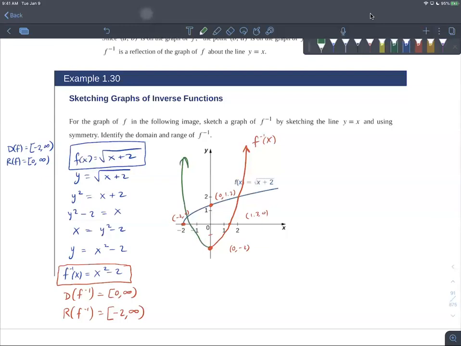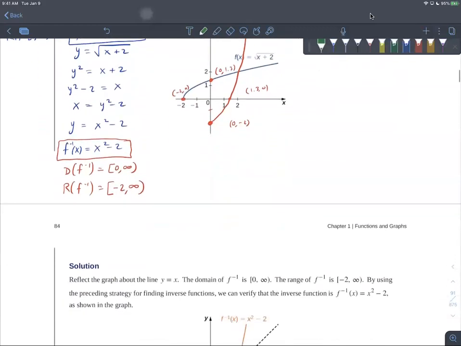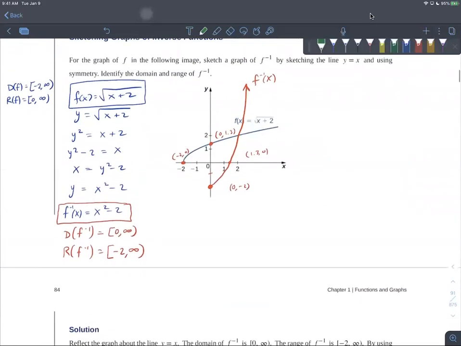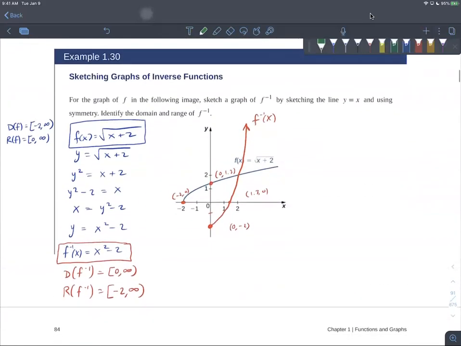So restrictions need to be made on these domains in order for these functions to have inverses. Okay, there's a lot of stuff to say here, but we're just reading through the textbook, trying to get a refresher, as this is a review, right?